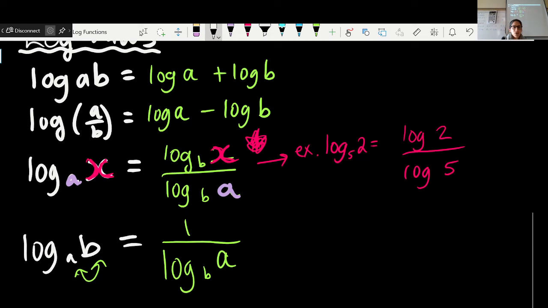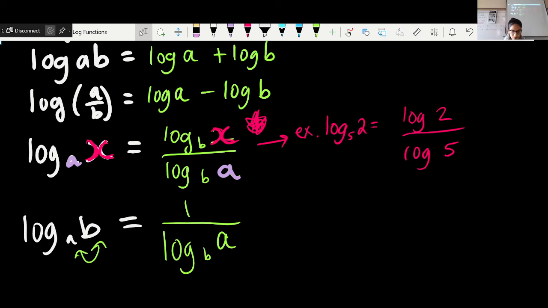Okay, so there's a few of them to start off with. Here's another one. If I have log base A of A, so I have the same thing for the base and here, that's just equal to 1. And you can logically think your way through this. If you switch that to exponential form, do you see how this logically makes sense?